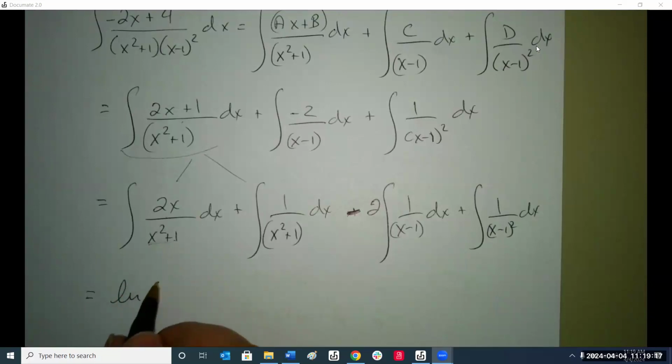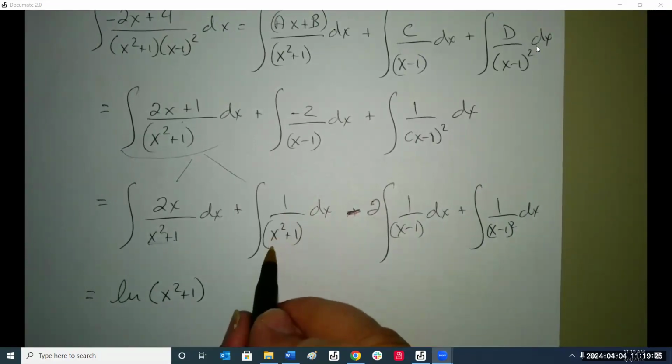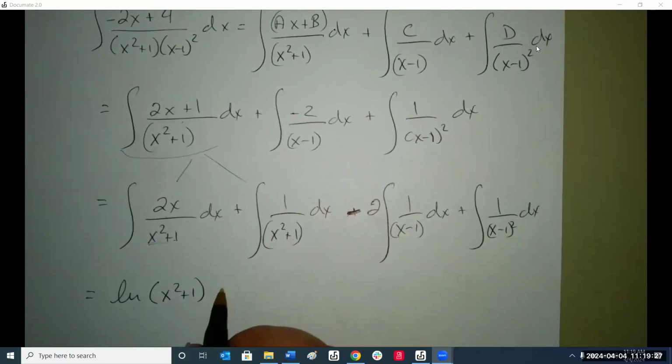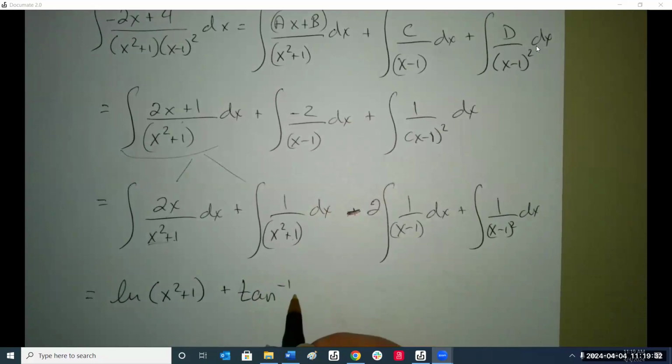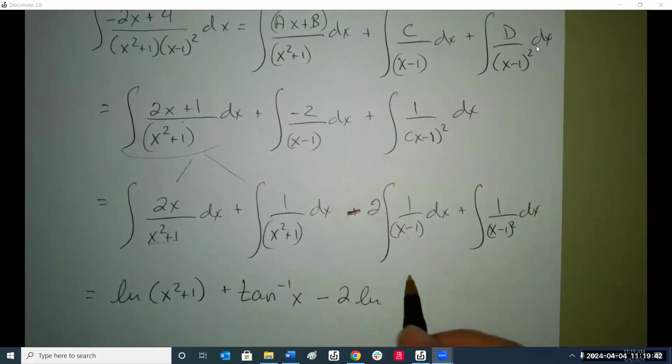Okay, that could be never negative, so that stays that way. 1 over x squared plus a squared is inverse tangent of x, minus 2 ln of the absolute value of x minus 1, because that can be a negative.